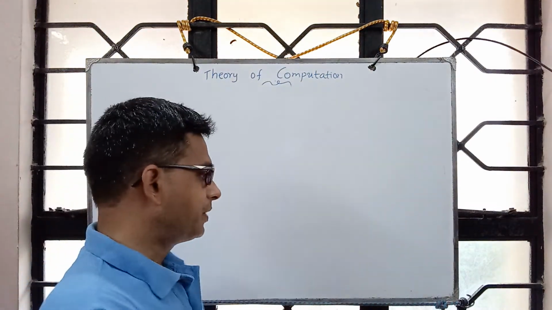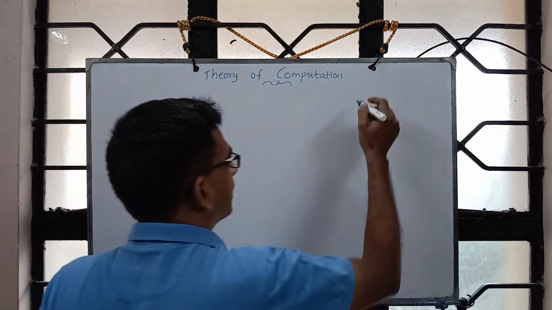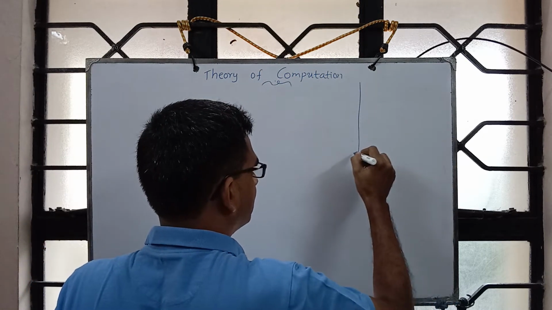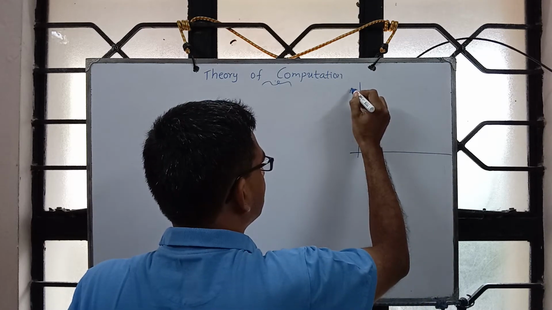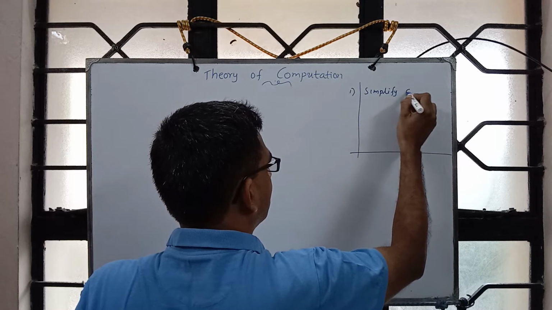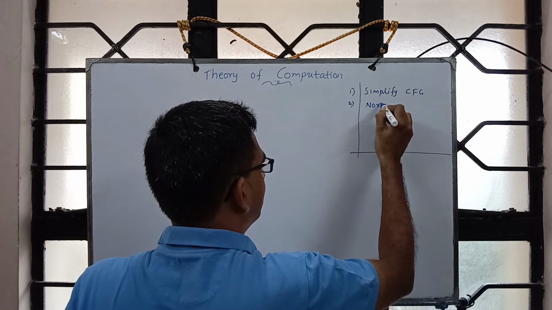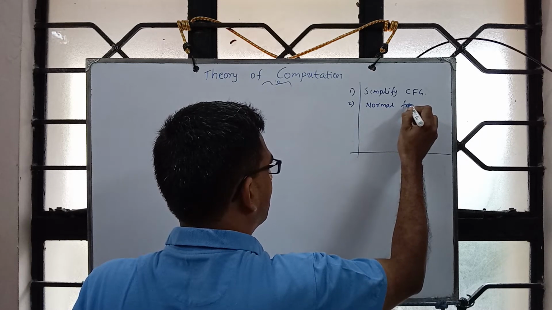So towards this end, we will discuss a couple of things. One is how to simplify a given context-free grammar. The next one, we talk about something called normal forms.